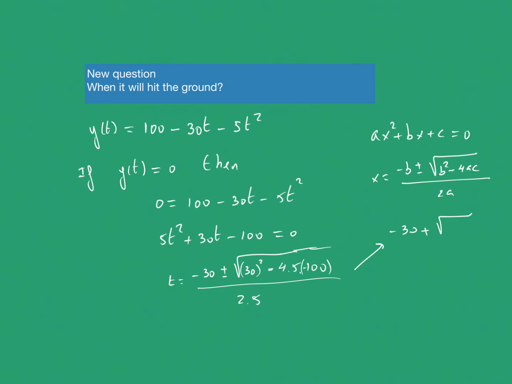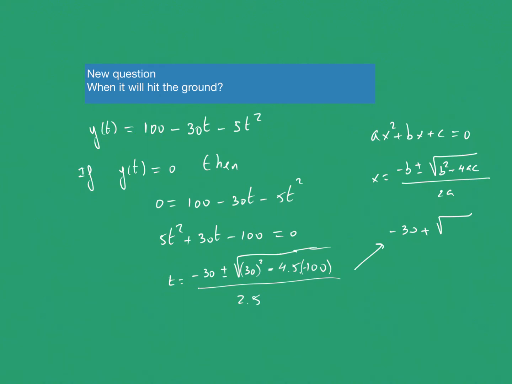From this equation, we can ask when the object will hit the ground. It will hit when y is 0, because y was 100 at the initial moment.